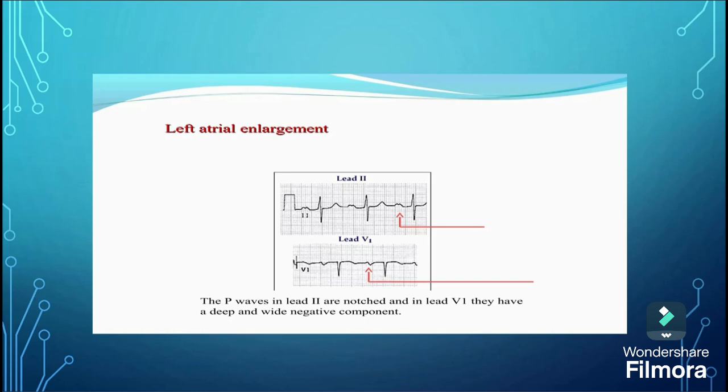You can see in lead 2 the P wave is notched, biphasic, or M-shaped. In V1, negative deflection. So the P waves in lead 2 are notched, and in V1 they have a deep and wide negative component. So you will be seeing this in left atrial enlargement.